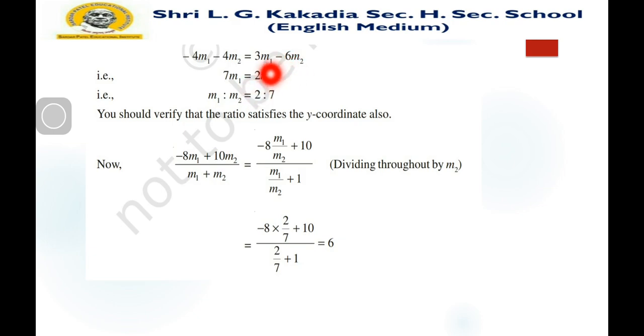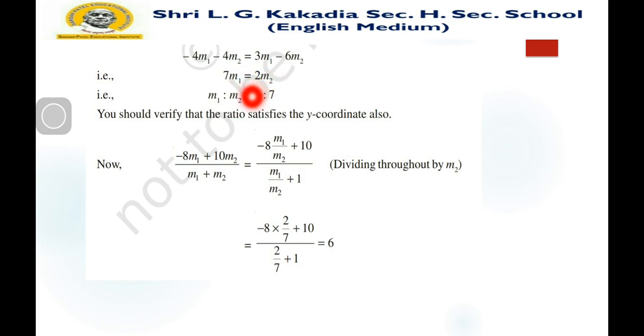Now move m1 terms on one side and m2 terms on the other side. If we move minus 4m1 here, then 3m1 plus 4m1 is equal to 7m1, and moving 6m2 to this side, we get 6 minus 4, that is 2m2.